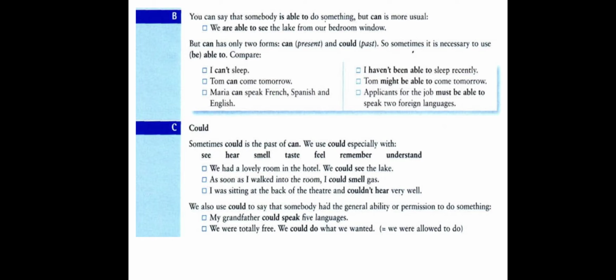So if we want to use present perfect, then we use be able to. So we say, I haven't been able to sleep recently. The past participle of be or am is been. So we use it after have. We say, I haven't been able to sleep recently.